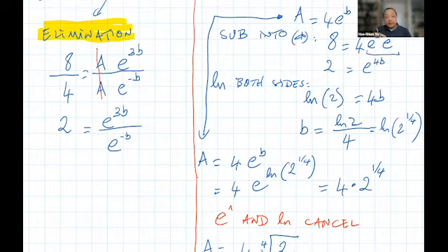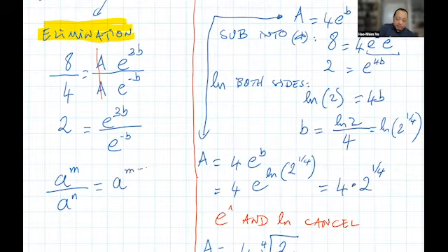When dividing two exponentials of the same base, they have the same base of e, a to the m divided by a to the n, I subtract the exponents, a to the m minus n. That's the rule. So in this case, I'm going to subtract. Be careful here.